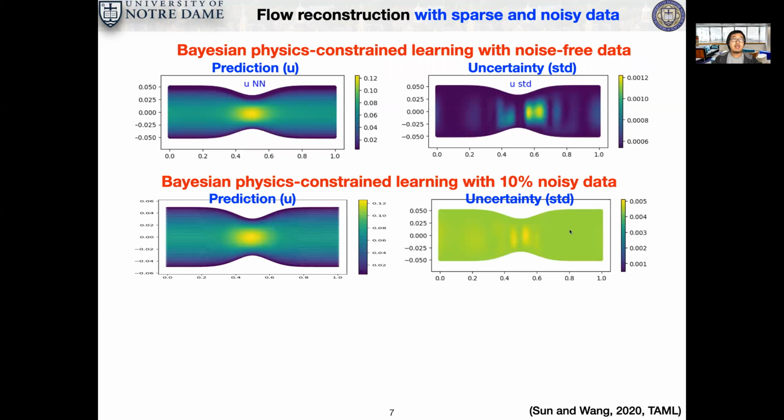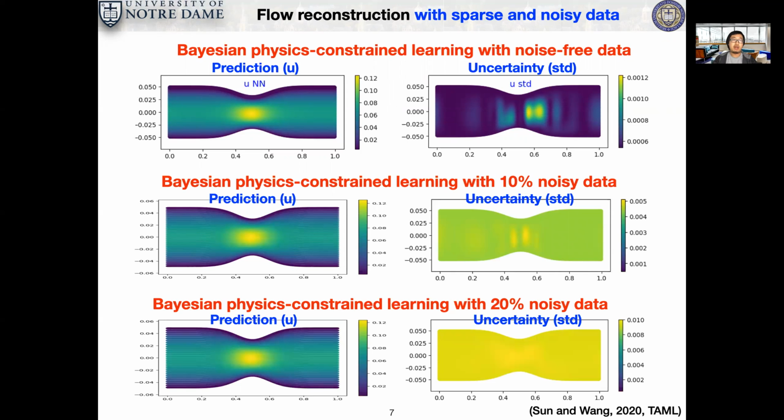If the data noise is increased to 10%, the uncertainty of the prediction also significantly increases, right? If we further increase the data noise to 20%, the standard deviation of the prediction is also doubled from 0.005 to 0.01.